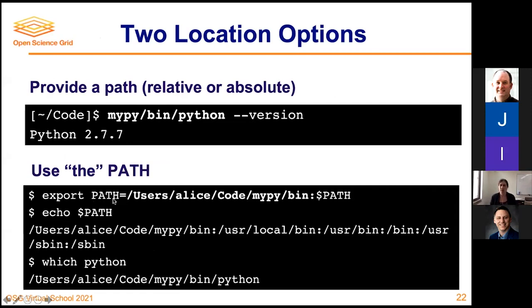And so here we have the PATH is now going to equal our custom software location, probably local, that we control. And then using the colon separator, appending the original contents of the PATH. And so if you print that out, you'll see that our folder with our copy of Python, say, has been added. So if we run the Python command, it'll use that copy because it will show up first.